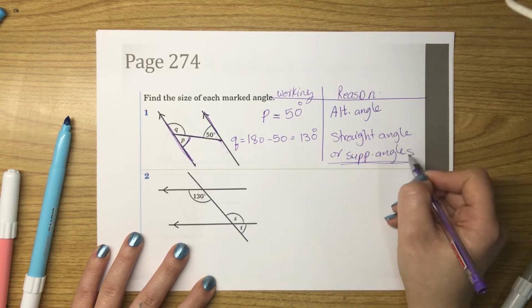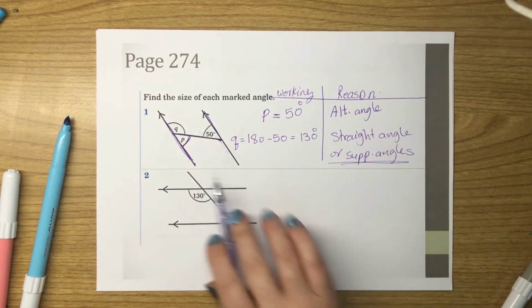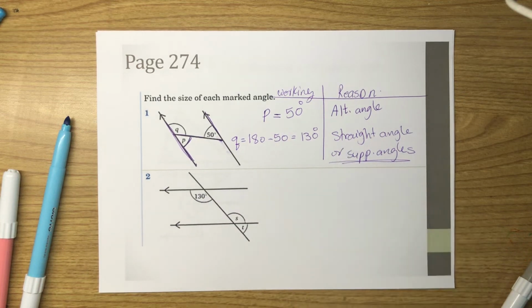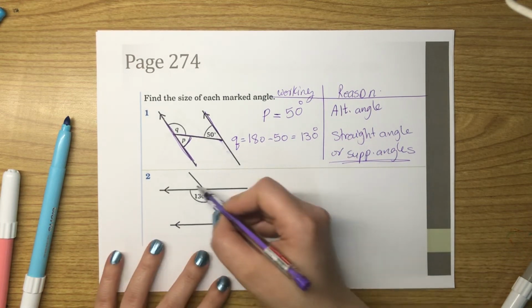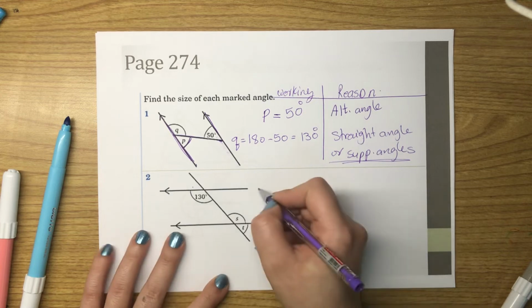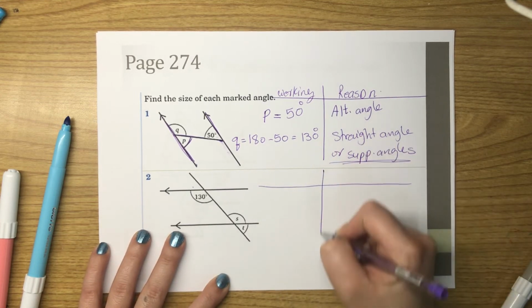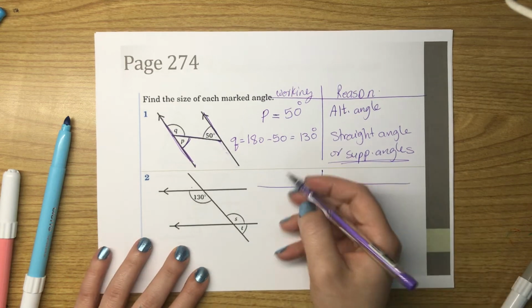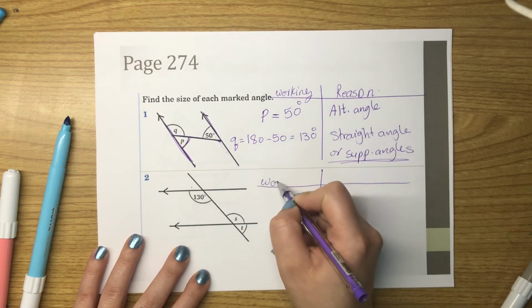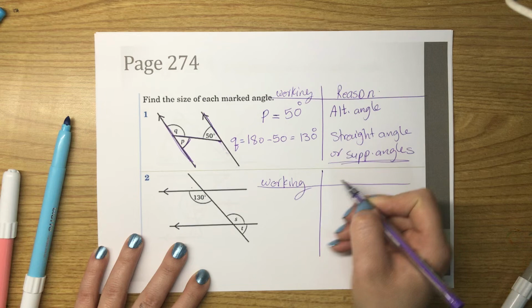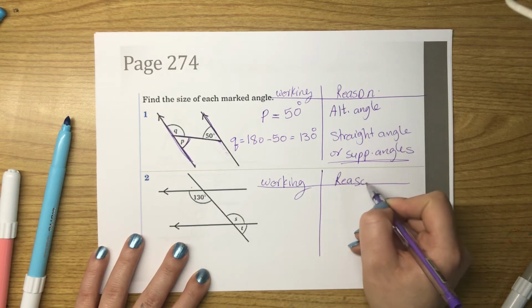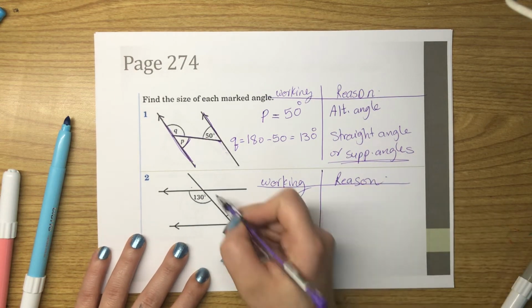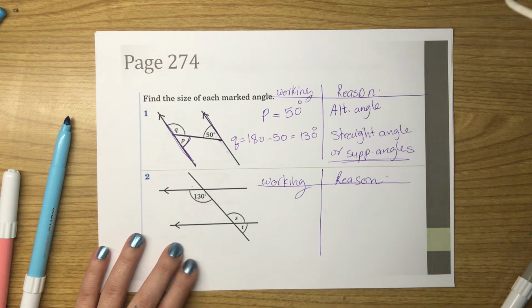Supplementary angles. Okay, supplementary is more suitable than saying the straight angle. Working and reason. When I give you the homework, please show me your work and your reasoning. Okay, working and the reason.